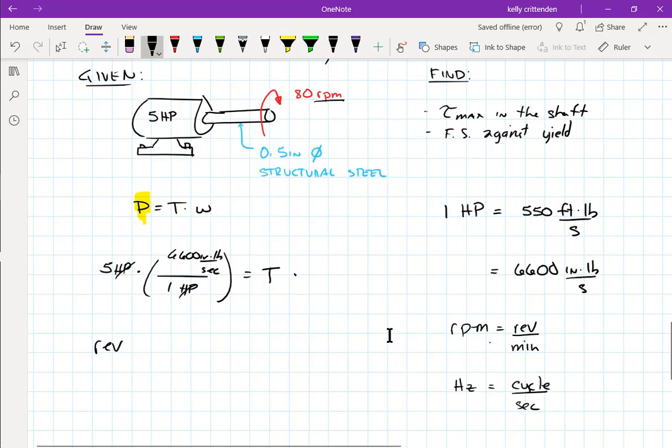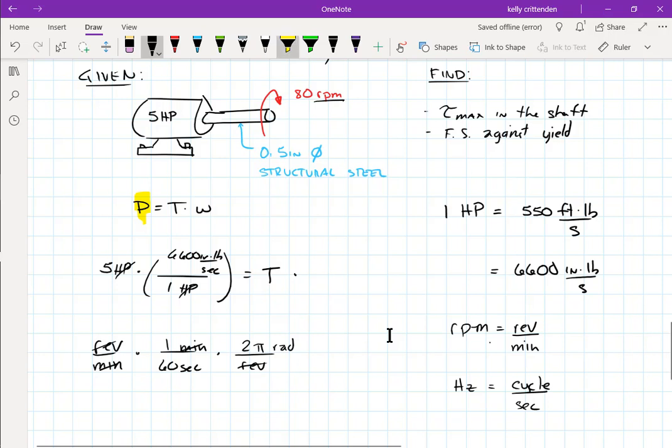One minute has 60 seconds, so now I'm in revolutions per second, basically Hertz. Then each revolution is 360 degrees, but I want radians, so 2 pi radians in 1 revolution.